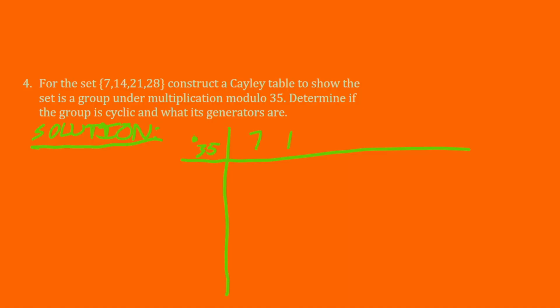So we have 7, 14, 21, 28, and 7, 14, 21, 28. Then these are the elements we will get when we multiply them.